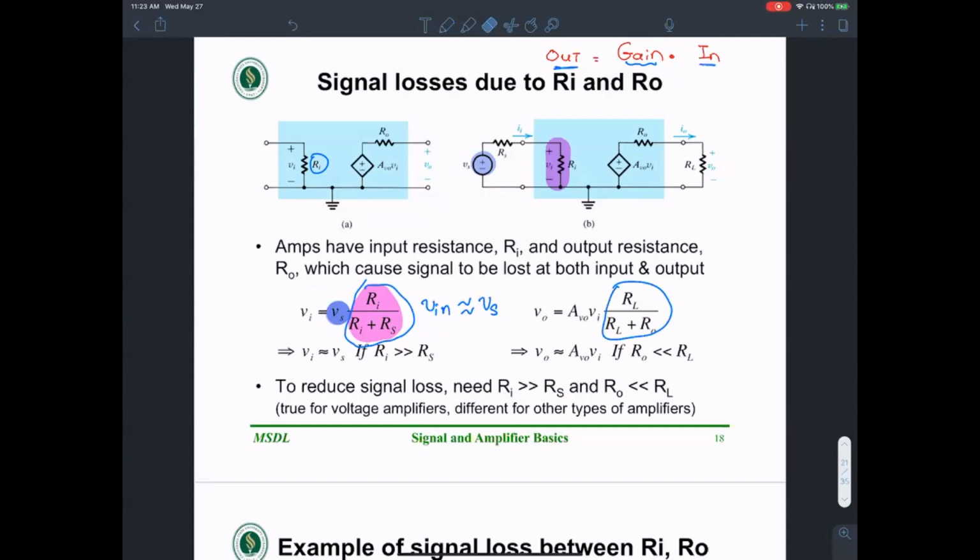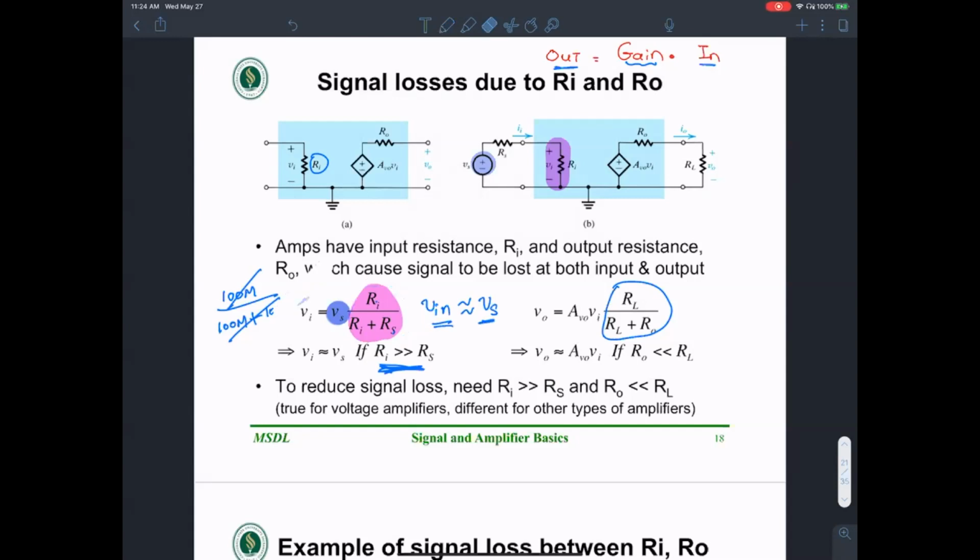I can do that by making Ri extremely large. So the input resistance of a voltage amplifier should be extremely large. If you assume Ri to be 100 mega ohms, and Rs to be a small number in comparison, then this is approximately going to be equal to 1. And then we have Vin closely following Vs.